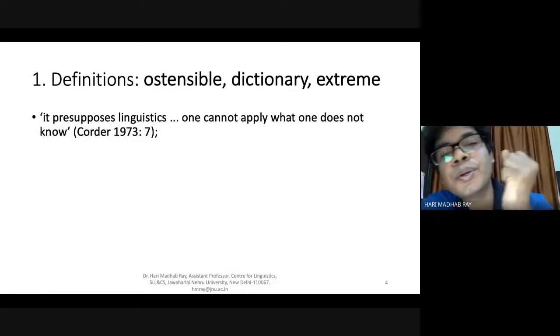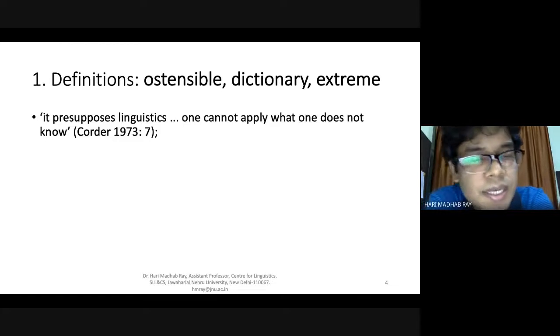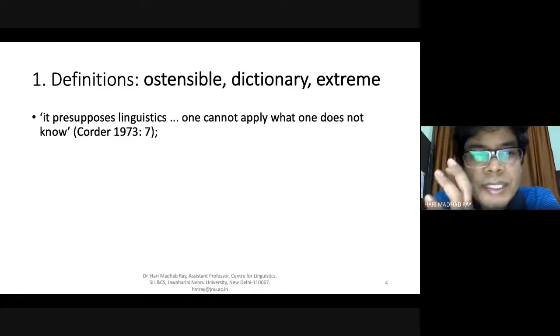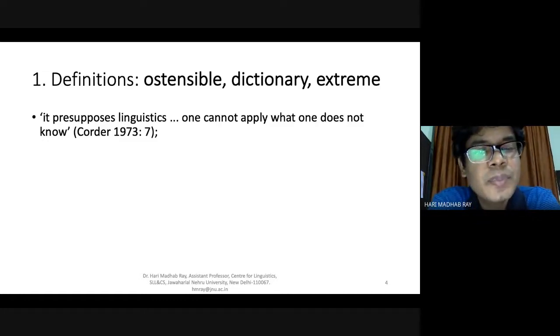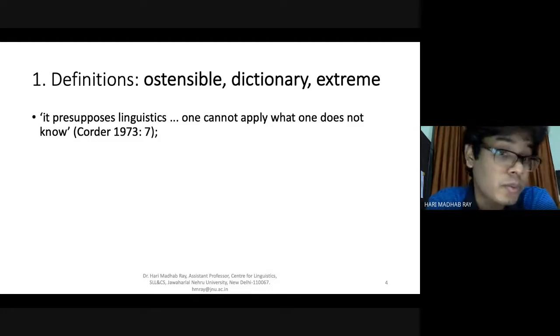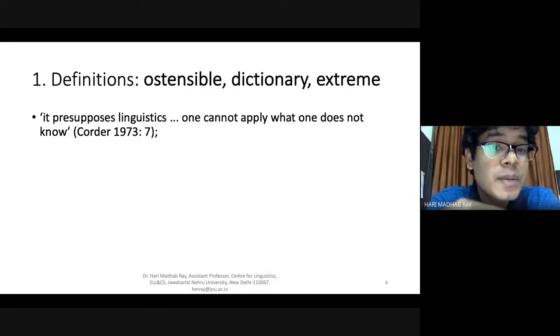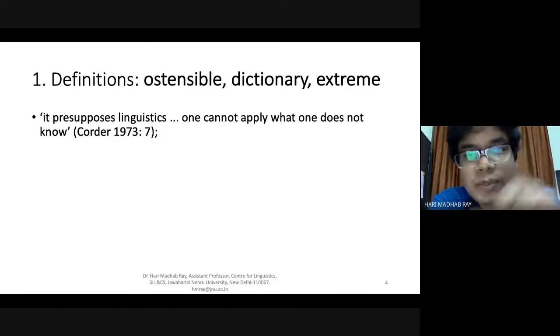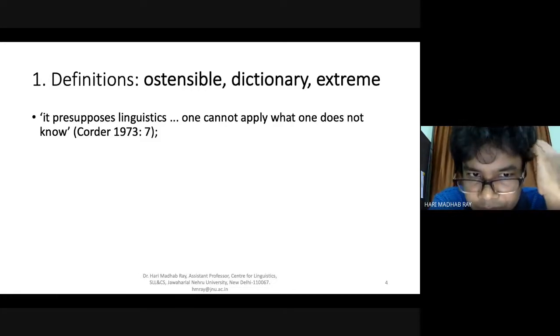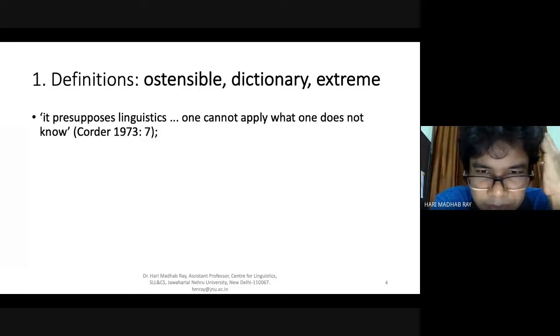Okay, so to continue our discussion, Corder, in 1973, says that applied linguistics presupposes linguistics, and one cannot apply what one does not know. Applied linguistics was expanding at that time, but we have to have linguistic knowledge.